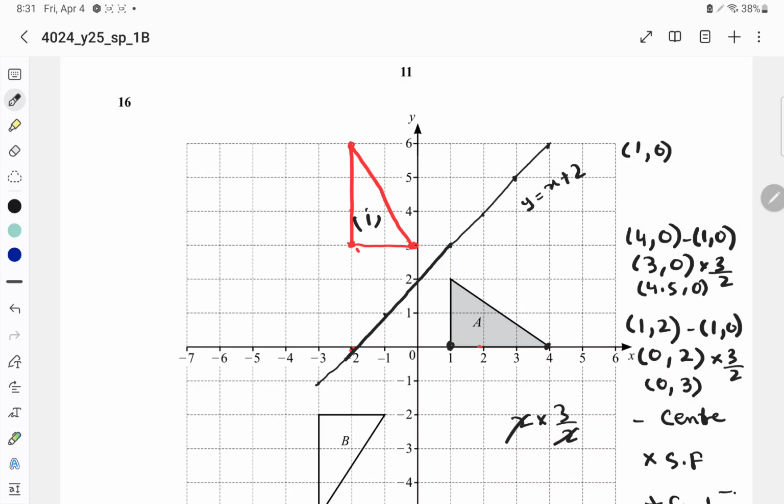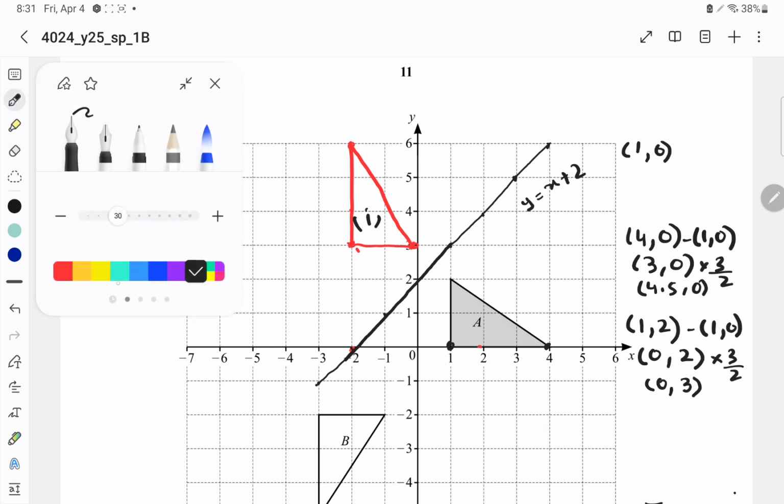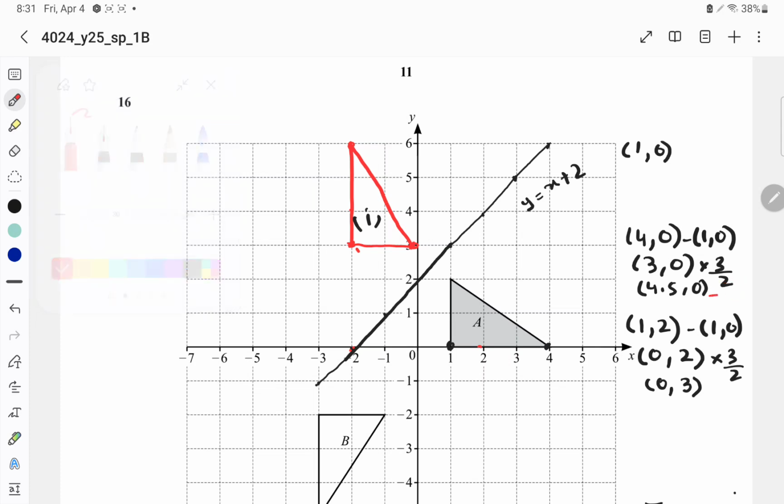As you know, we have subtracted the center and multiplied with the scale factor. Now we add back the center in both of them. So we add back the center 1, 0, and the final answer will be your enlarged coordinates. 4.5 plus 1 is 5.5, and 0 plus 0 is 0. Then 0 plus 1 is 1, and 3 plus 0 is 3.